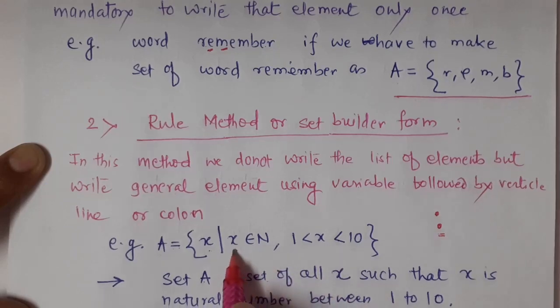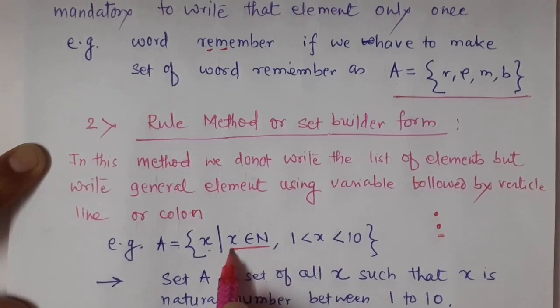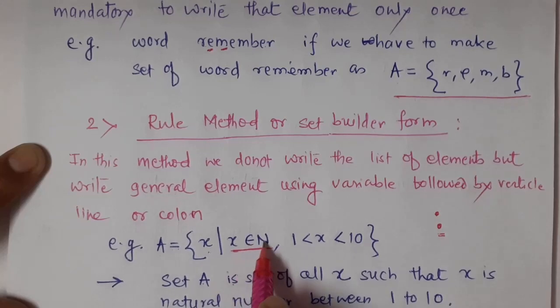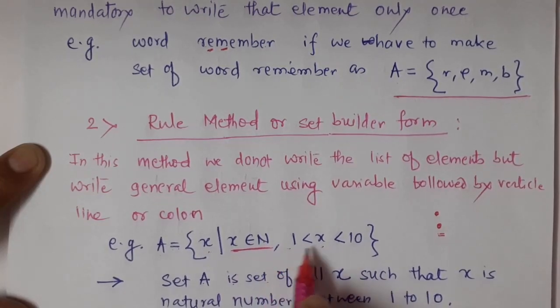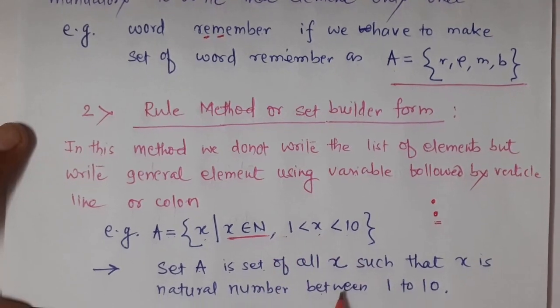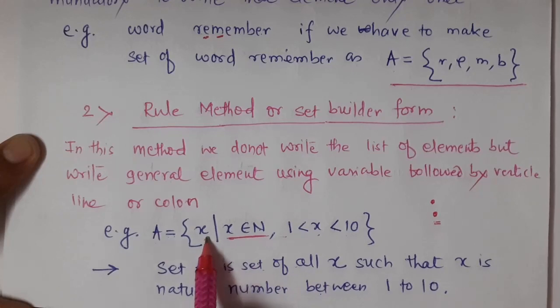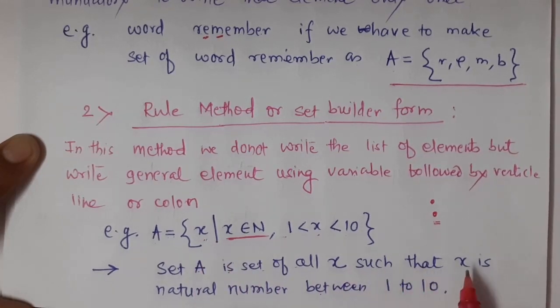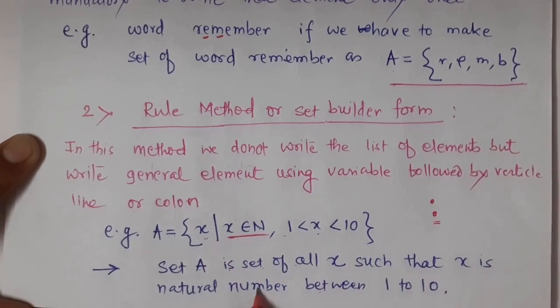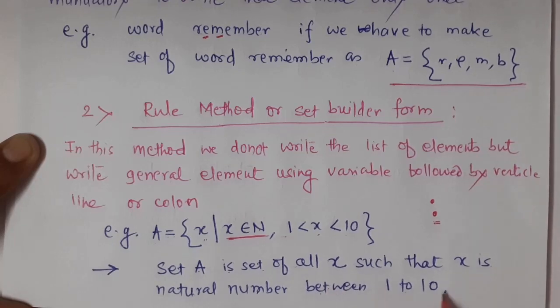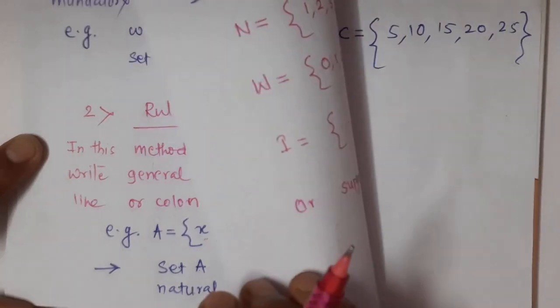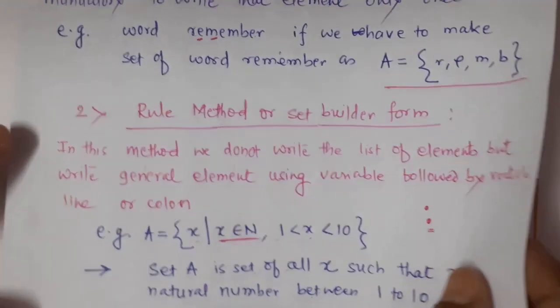What is the meaning of this? x belongs to natural numbers between 1 and 10. So you have to read it like that: set A is the set of all x such that x is a natural number between 1 to 10. So this is all about the theory.